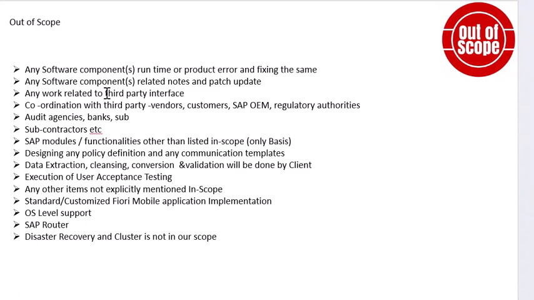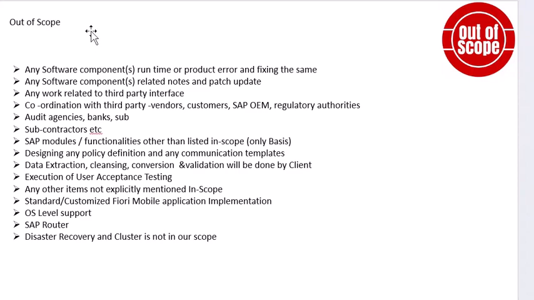Any software components related to notes and patch updates you are proposing. So currently this proposal is only for DR. It is not for any upgrade. So you have to explicitly mention what you are doing and what you're not doing. That's the reason I am mentioning it here. Any software components related to notes and patch updates will not be covered here.